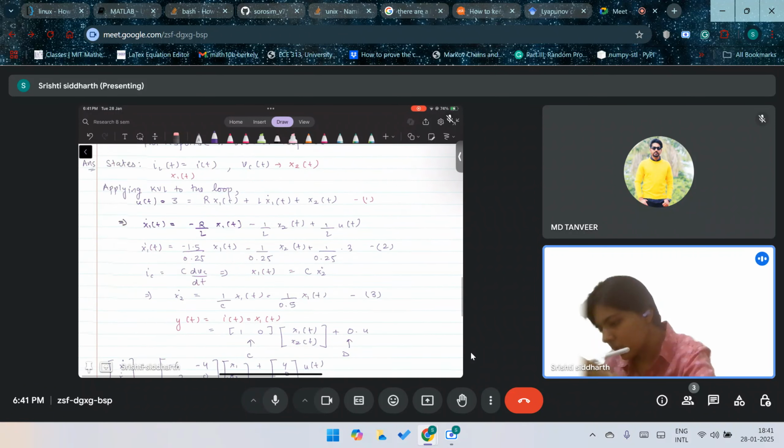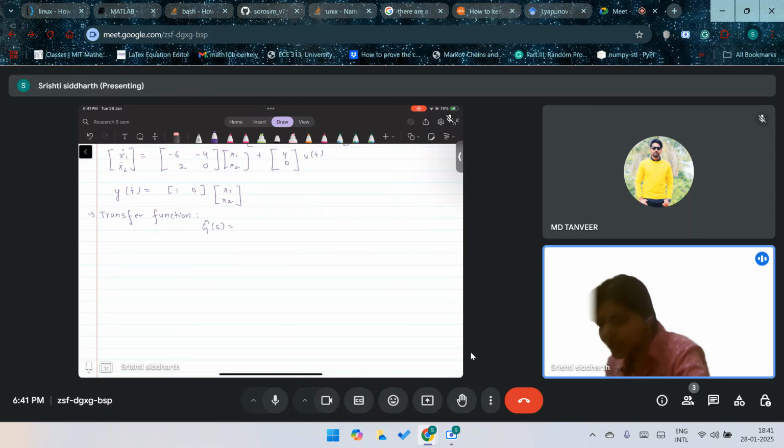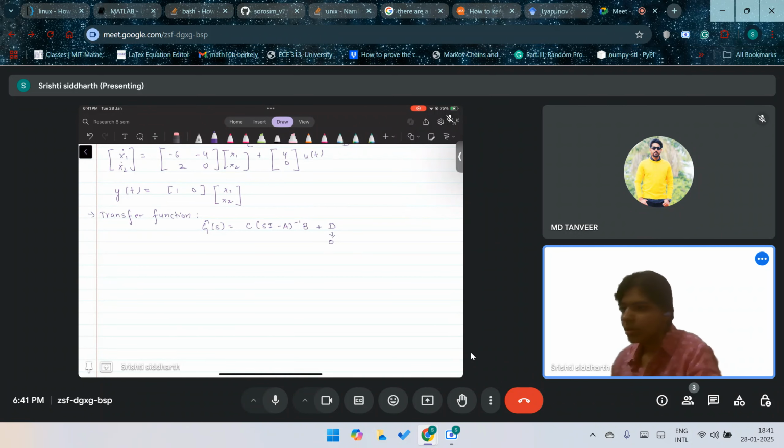But before that, let's look at the transfer function. So transfer function, as you can recall from this week's lecture, is given by G hat of s equals C (sI minus A) inverse B plus D, and this is 0.